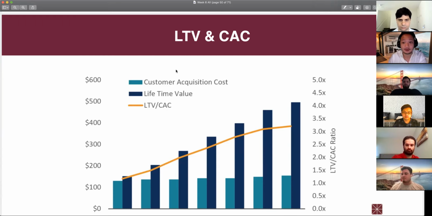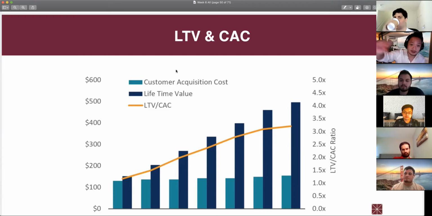Same thing with Ahmad. We don't actually know that number. So in a growing startup, it's very hard to extrapolate that data. There's a whole different art and science behind it, but that is the limitation.